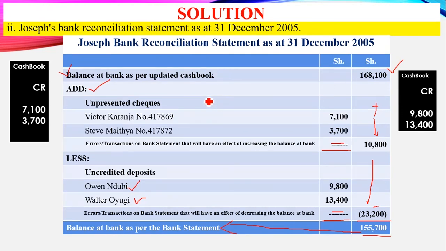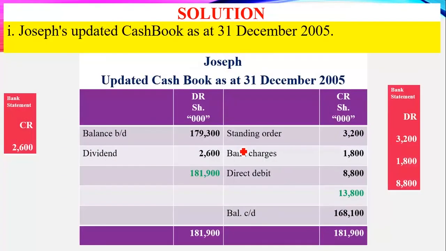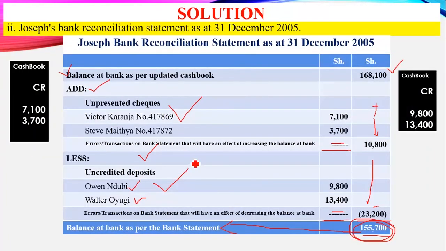And because we have identified this is the closing balance in the bank statement, the reason why the cash book is showing a balance which is not the same as this is because these checks were not included and these checks were not included. There were also other errors. These transactions here were not included and this transaction here was not included.